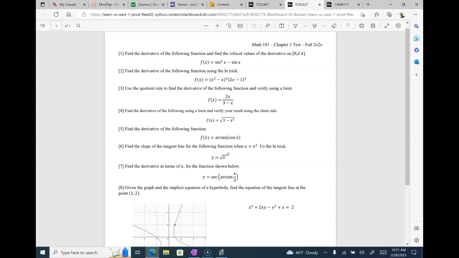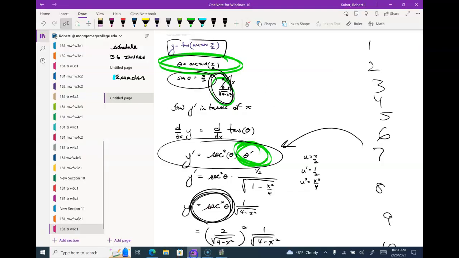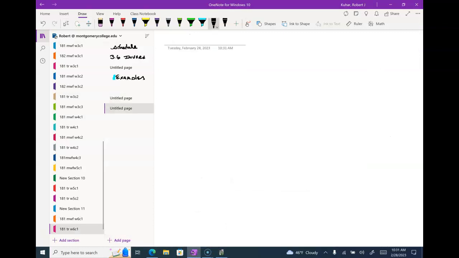Let's do 5 here. I want to find the derivative. I want to find f prime of arc sine of cos of x, right? Arc sine of cos of x. Of course, if it was arc cosine of cos of x, that's a funny one, right?